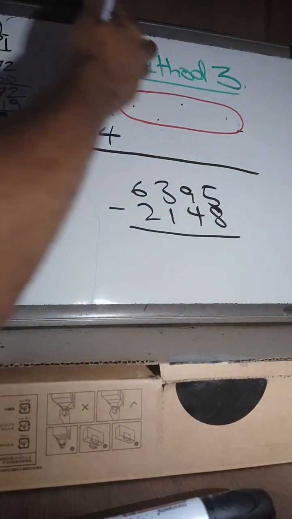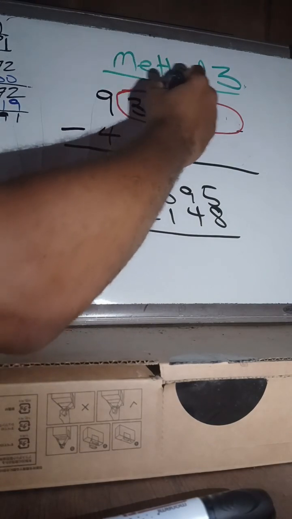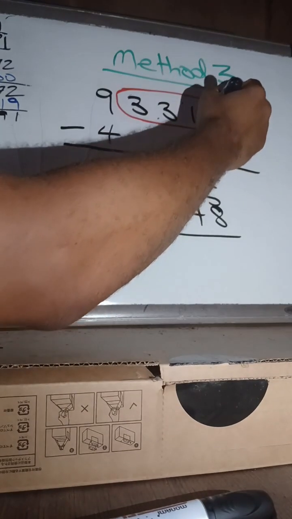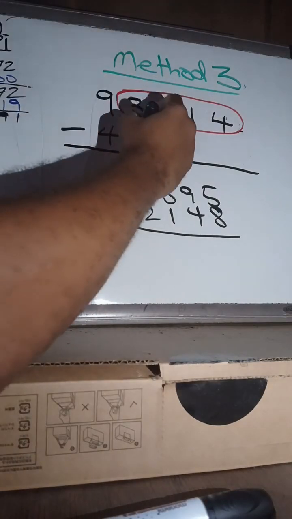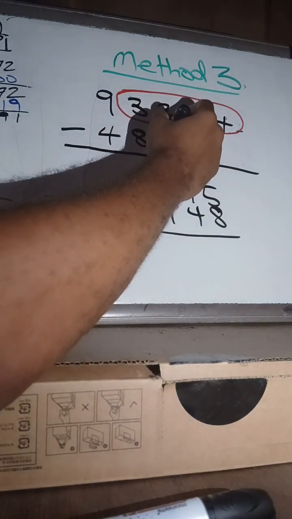So let me do it like this then. Let us say 3, 3, 1, 4, and let's say this is 8, 1.